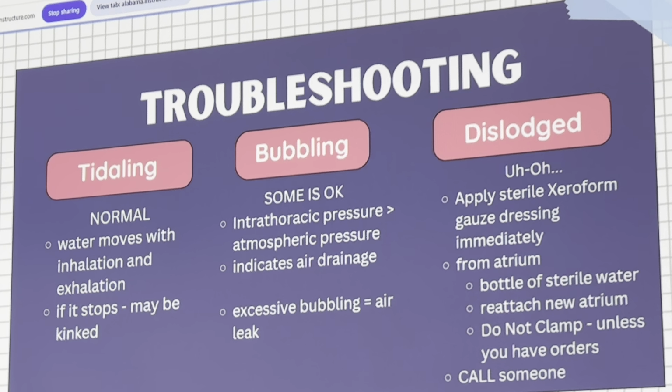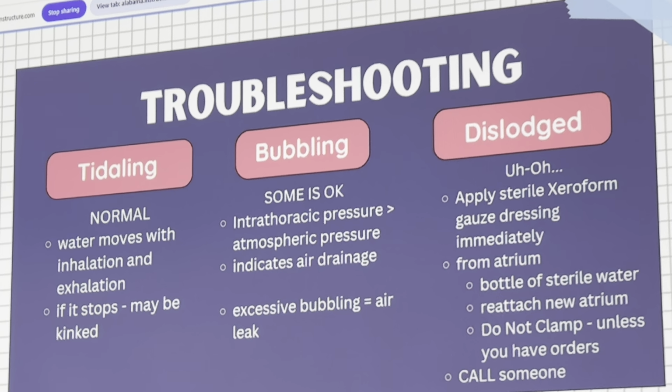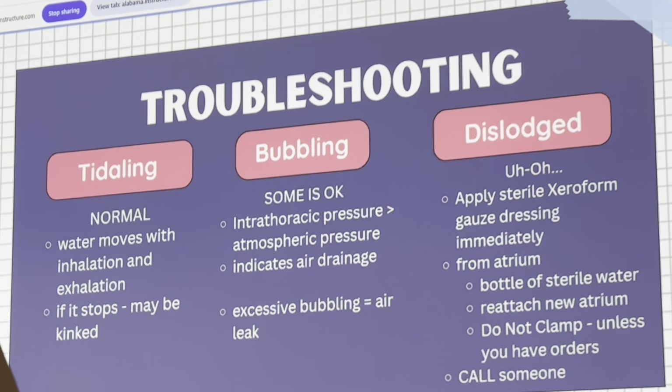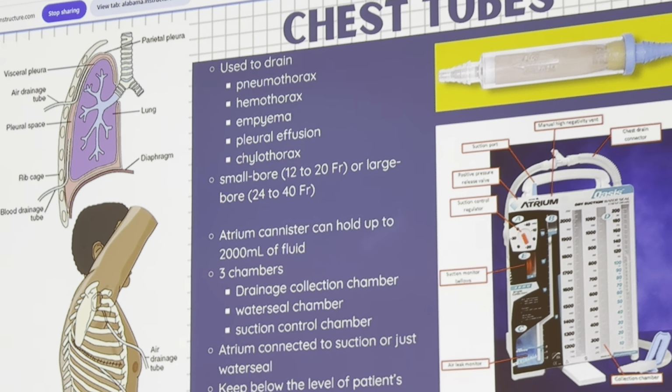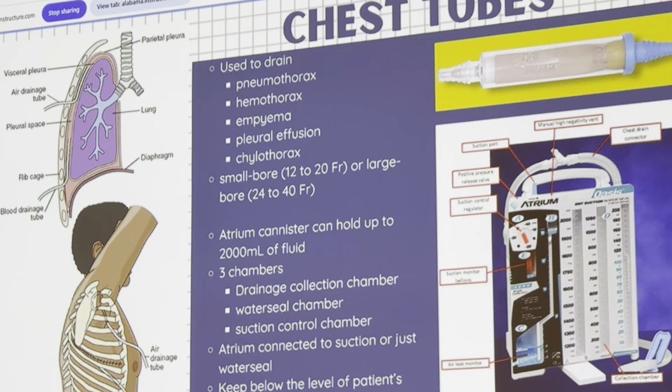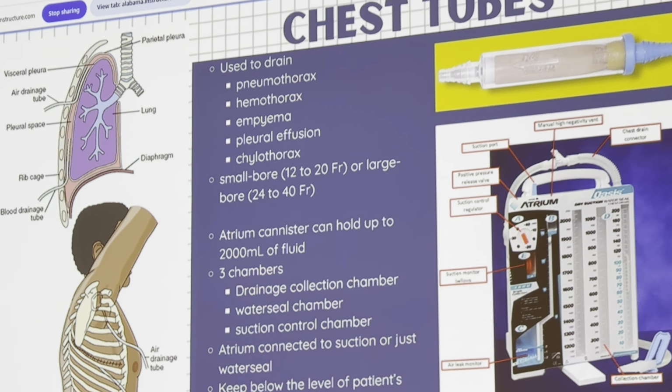Bubbling, is that okay? It's good. Some of it's okay. It depends on how much, right? If I have vigorous, constant, continuous bubbling that's just real harsh, within this water seal, down here at the bottom, it is violent. You're going to be able to tell that it's continuous, vigorous bubbling. That's a problem.